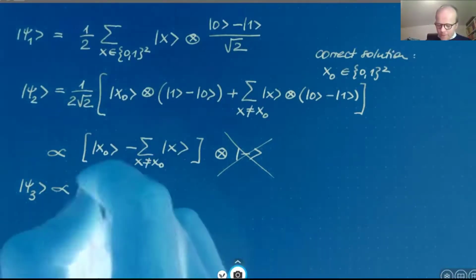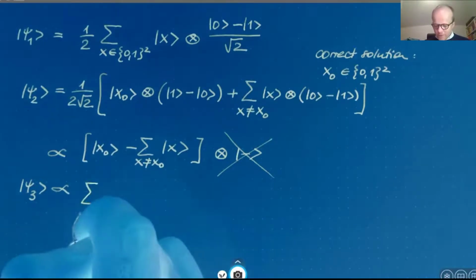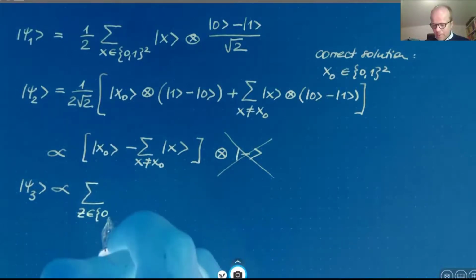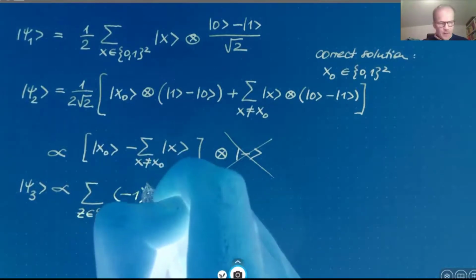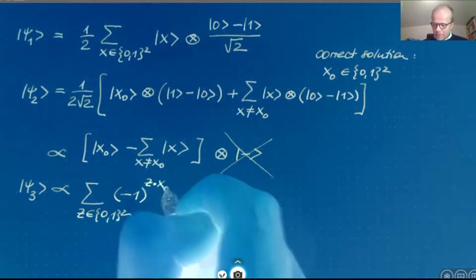If you remember, that could be written as the sum over bit strings of length 2, which I now call z, with minus 1 to the power of the scalar product of z with x0.